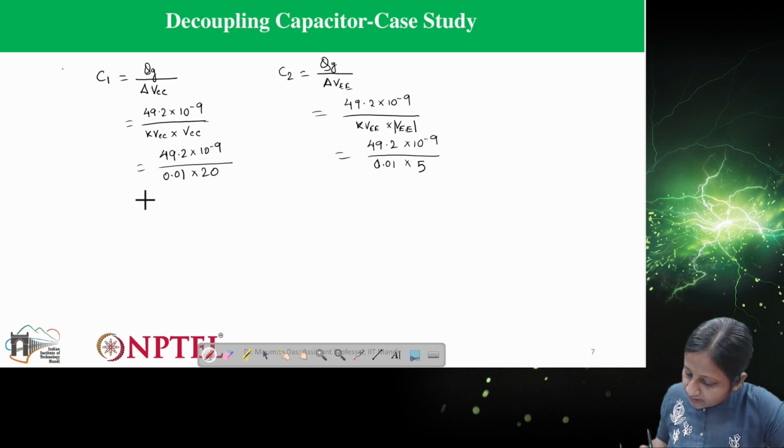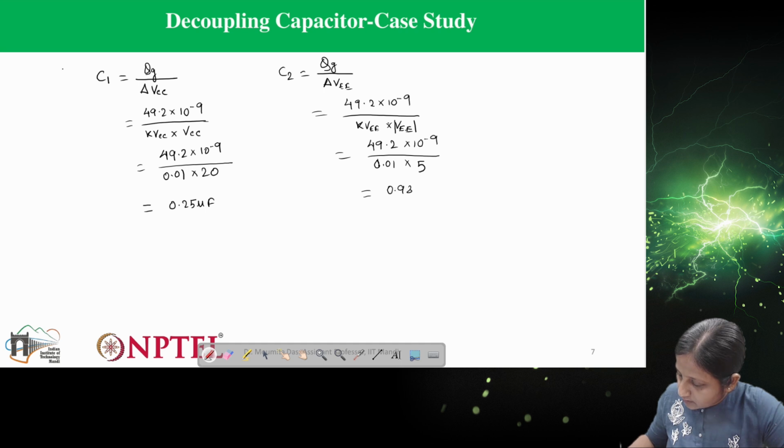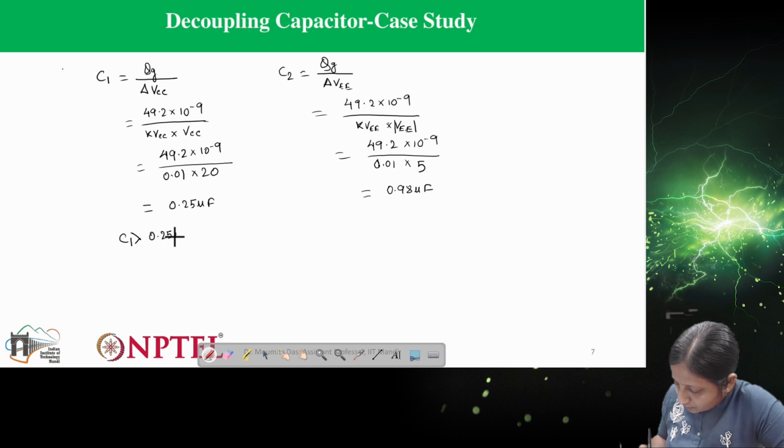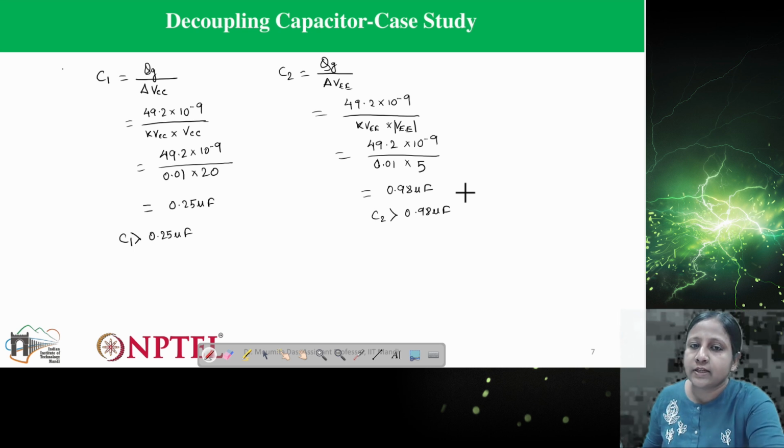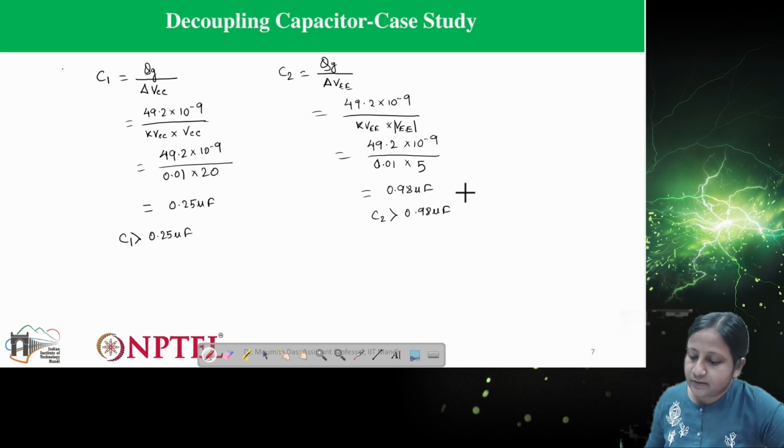Then we can get the values. We have to select capacitances which should be more than these values. So C1 should be more than 0.25 microfarad and C2 should be more than 0.98 microfarad. These are the values we need to consider in case of decoupling capacitors.